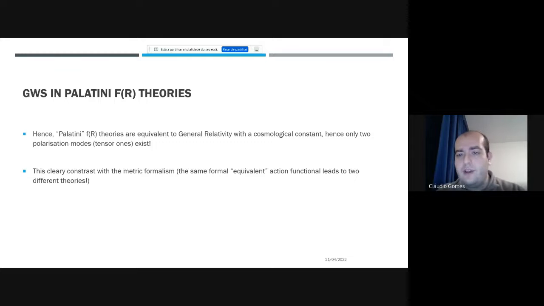This is an important fact: whether we are looking into the metric approach, the Palatini, or even the metric-affine approach, where the metric field also feels a different connection that is not related to the metric field, these approaches lead to different theories.